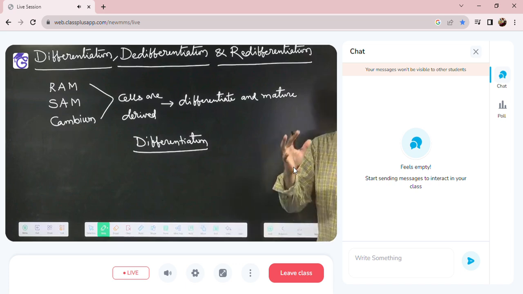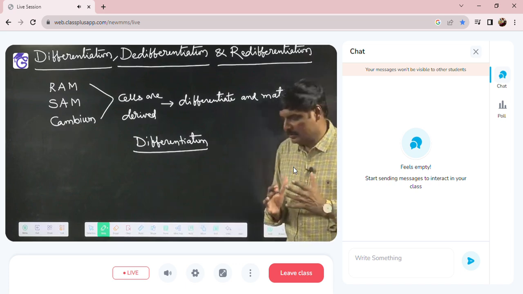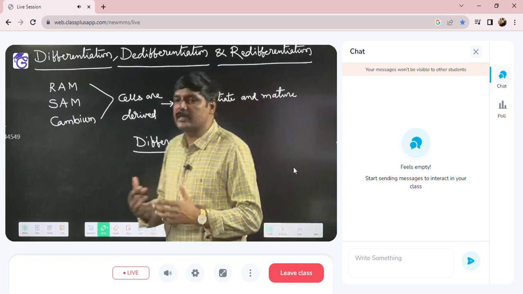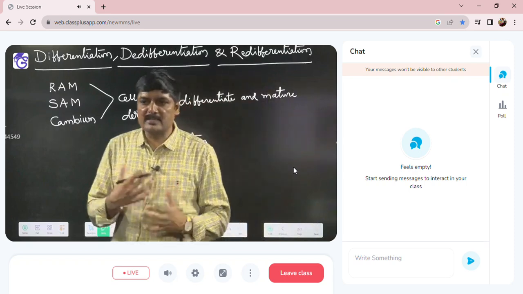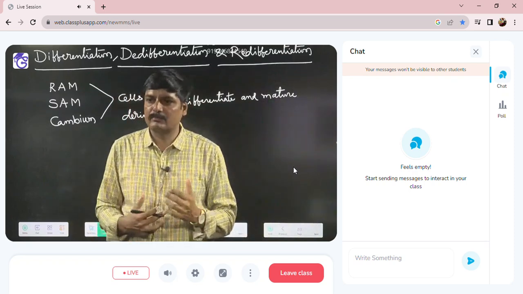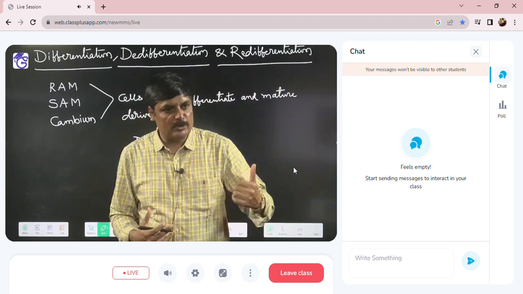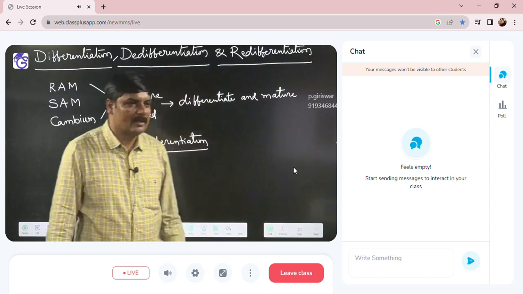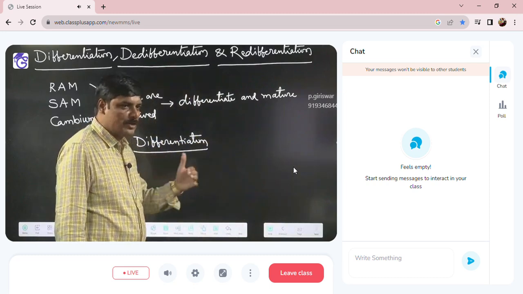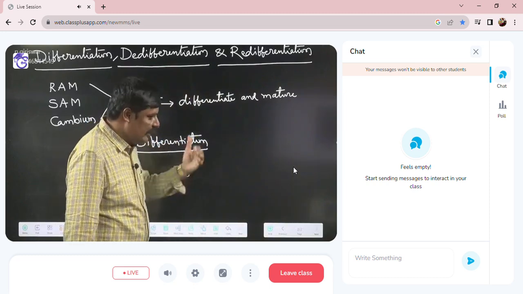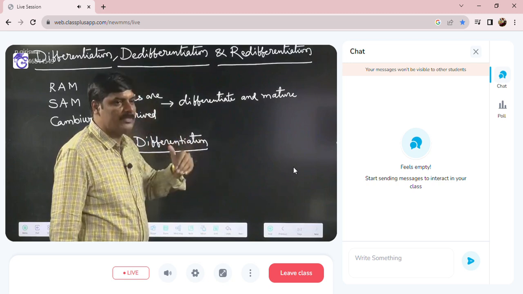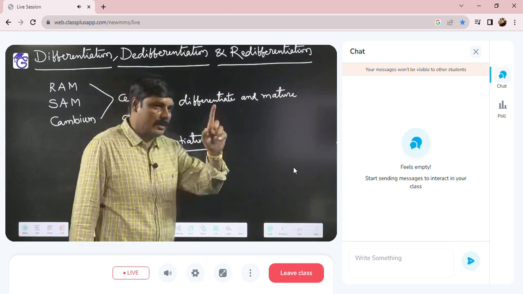So, several cells are formed from these meristems. These meristems undergo changes and gradually transform into mature cells. This formation leading to maturation of the cells is called differentiation.